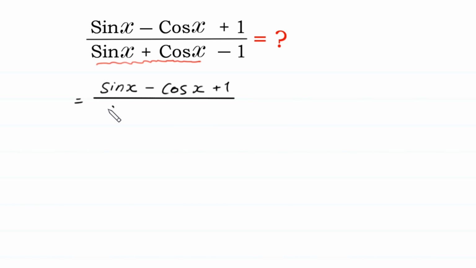divided by sin of x plus cos of x. We represent this as single term minus 1. Now we multiply and divide this expression by the conjugate of this denominator.